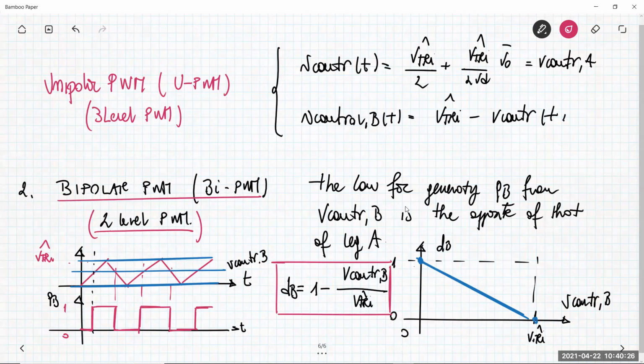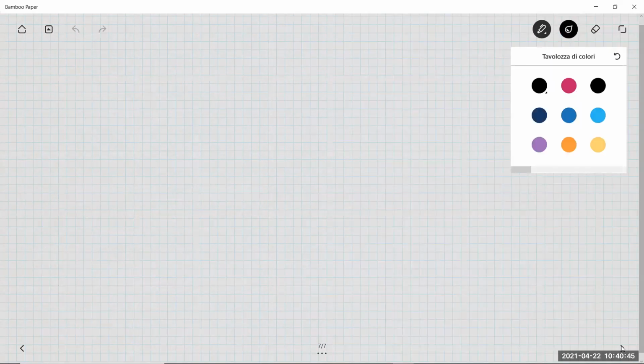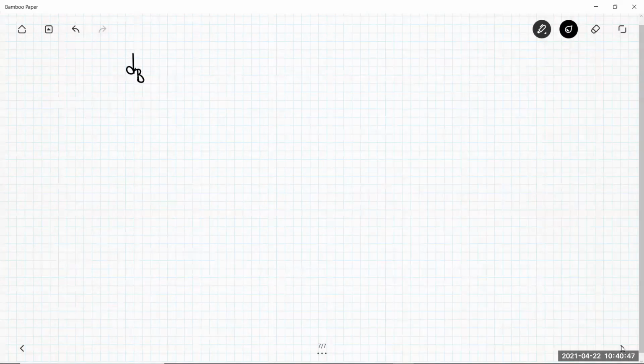The derivative of dB over V control B is 1 over V triangular peak, with a minus sign, so it is 1 minus that one. This is the expression for dB. Now remember that the basic assumption is dB is 1 minus dA, in order to get reversibility of the voltage.